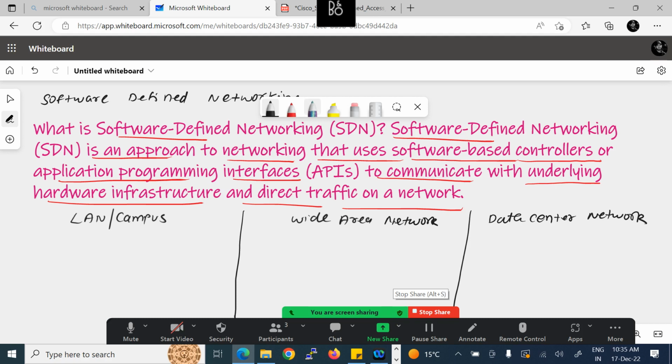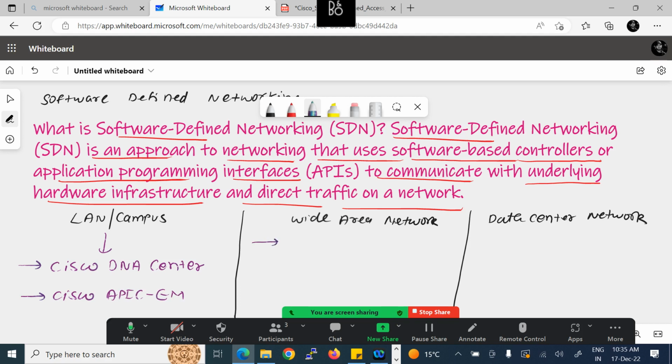All right. So for the campus network, Cisco has a controller which is known as Cisco DNA Center. Or Cisco is also having a controller known as Cisco Epic EM. I'll discuss Epic EM and all of that stuff.